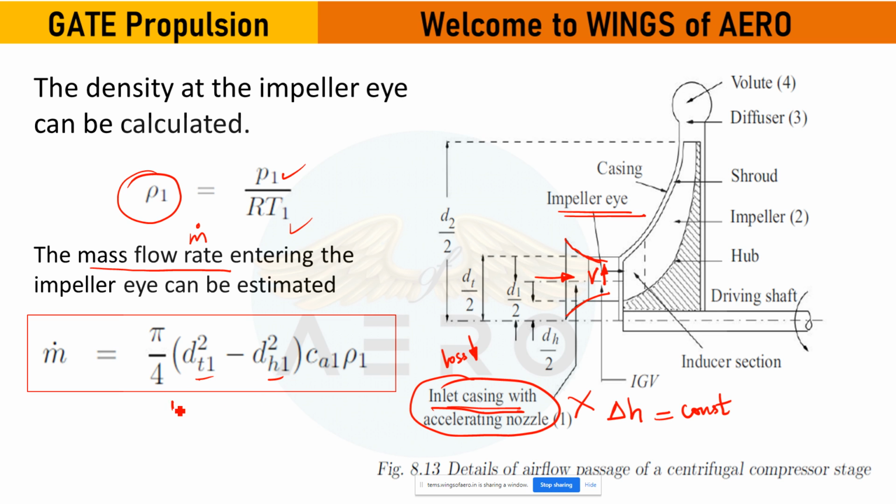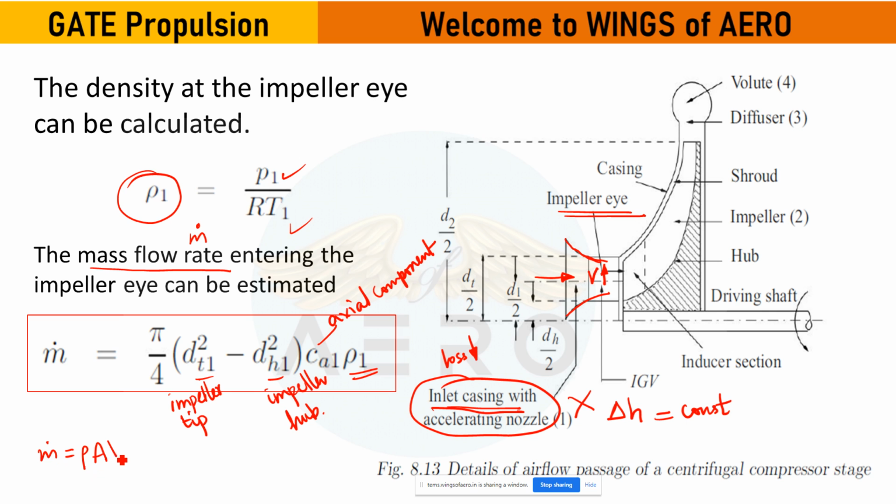This is the impeller tip, and this is the impeller hub, right? And the CA, as we have already discussed, is the axial component. Rho is the density, because our formula is, what is m dot?